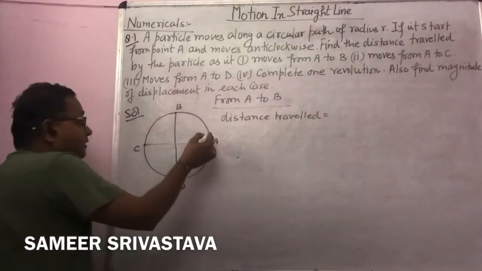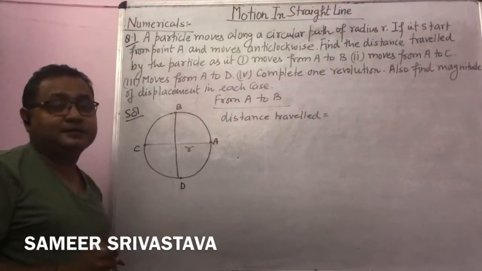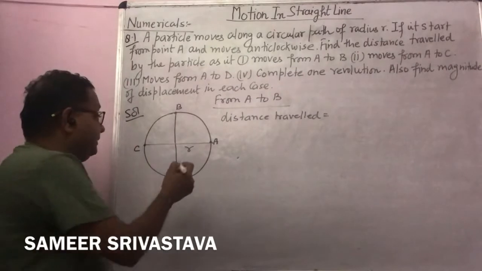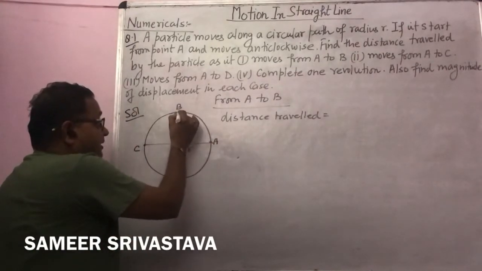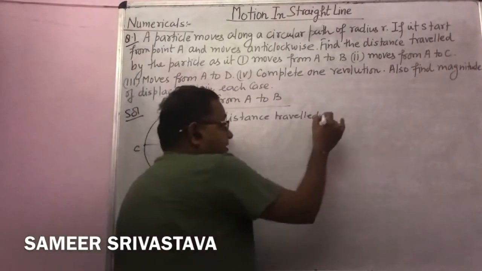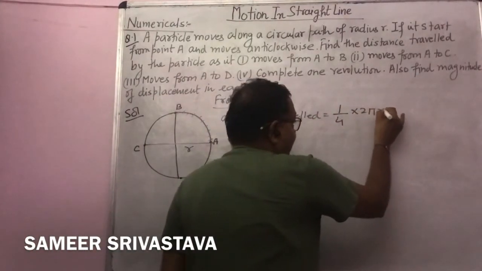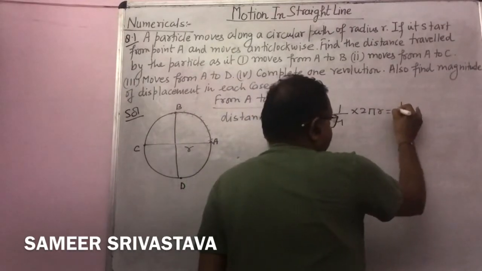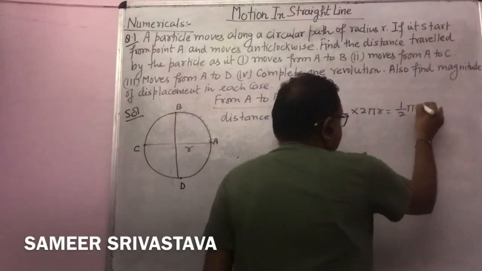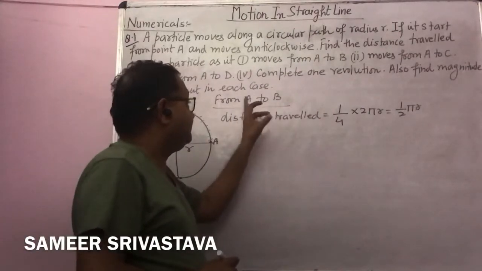As we know, for one complete revolution, the distance covered by a particle is 2 pi r. From A to B, it only completes 1/4 of the complete revolution. So the distance traveled is 1/4 into 2 pi r, that is 1/2 pi r. So here we find the distance traveled by a particle from A to B.